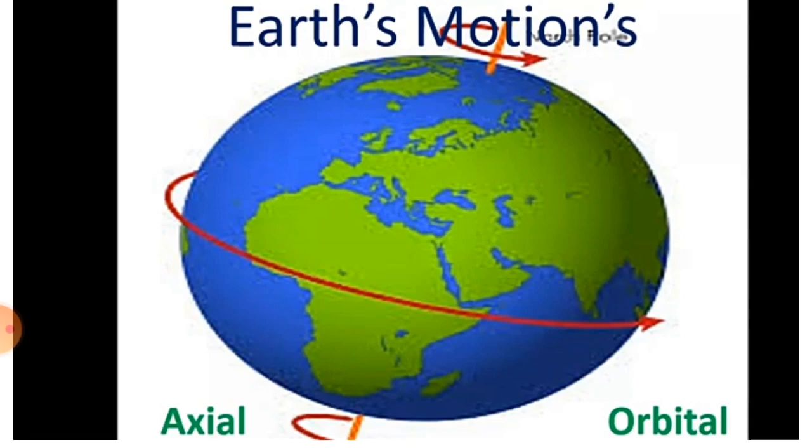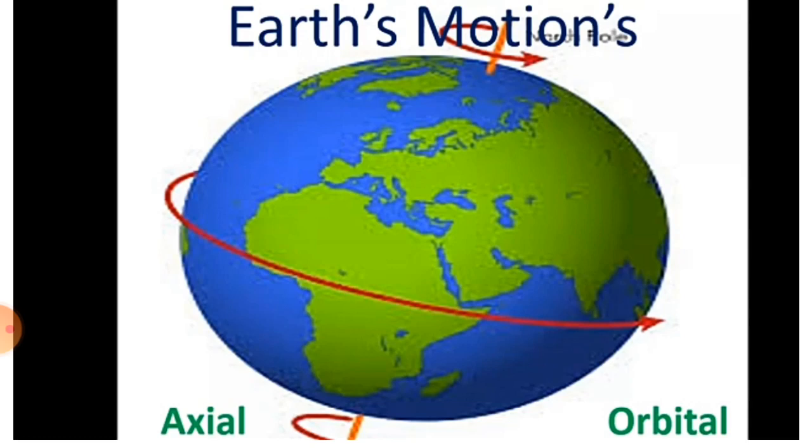Dear students, there are two types of earth motions. They are axial and orbital motions. It means rotation and revolution. These are the two motions of the earth.